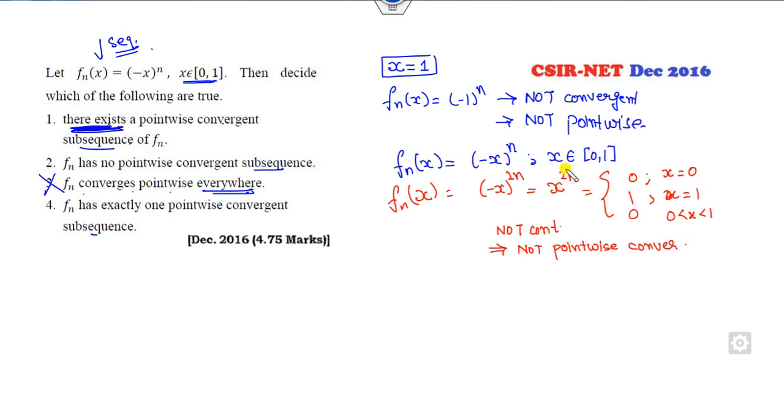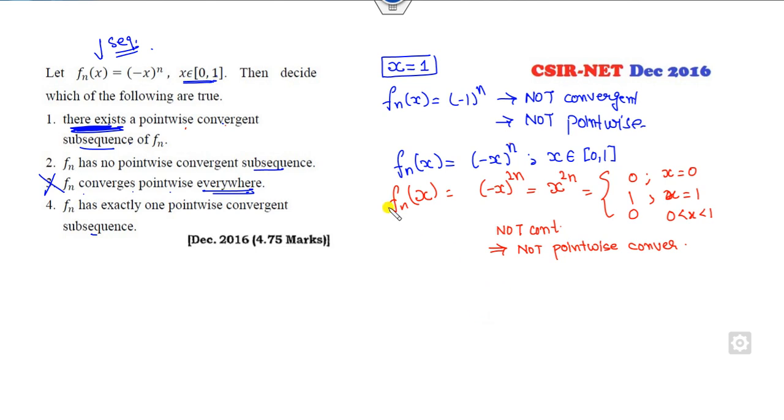So this is a subsequence. So there exists a subsequence which is convergent. No, this is a counter example. We can't provide the one counter example, so sorry, we can't say from this example. How can we think about the other? We can think about an example which has a subsequence.